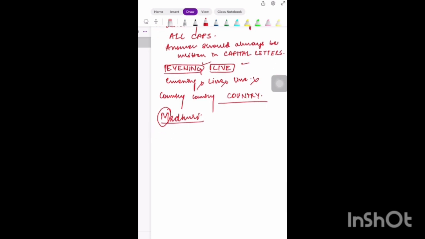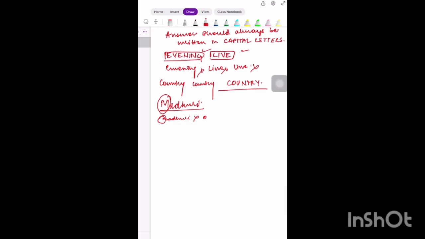But instead of writing Madhuri in caps, if in the exam you by mistake wrote Madhuri with a small m, you will get 0 marks under grammar.